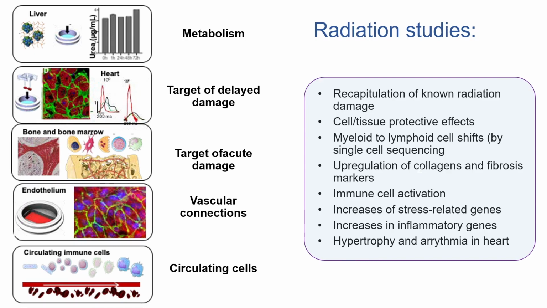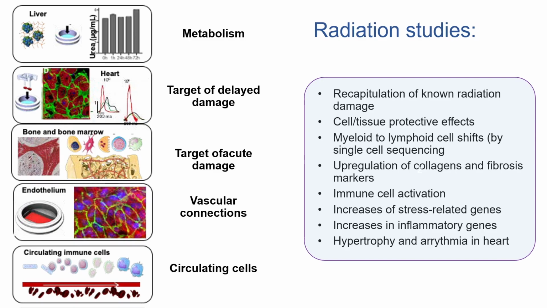So what we have done here is we selected a subset of tissues that are relevant for radiation studies. One is liver, because we were also looking into protection of the cells and tissues, so the use of different drugs. So we included liver because drug metabolism is very important.